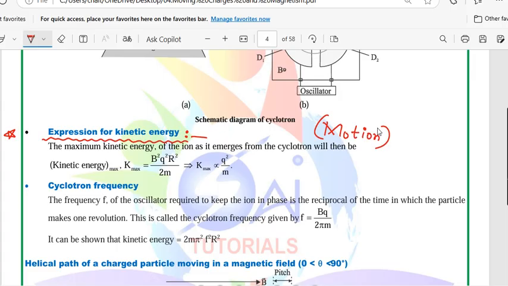It comes under the criteria of motion, by virtue of motion. So let us derive an expression for kinetic energy. The maximum kinetic energy of an ion as it emerges from the cyclotron will then be. Let me derive this expression.